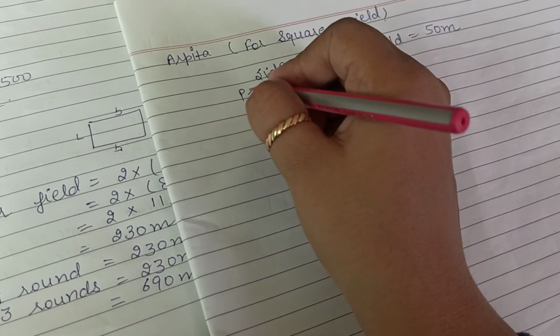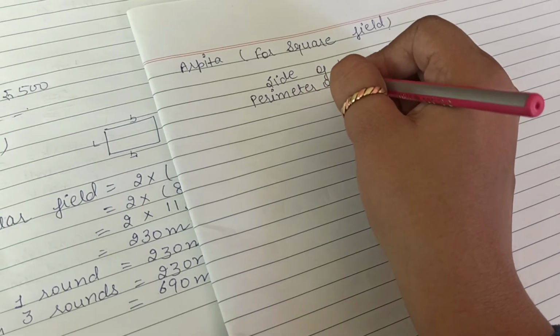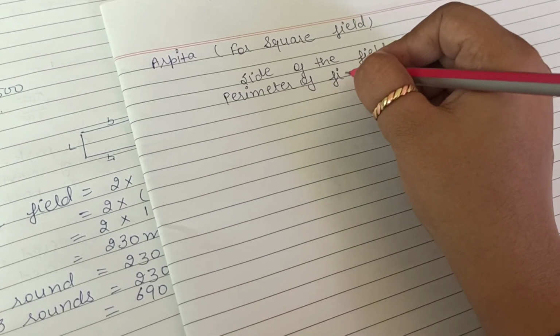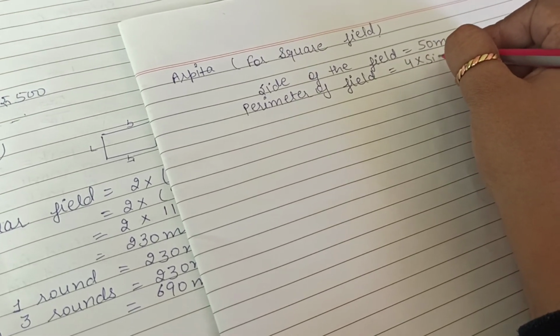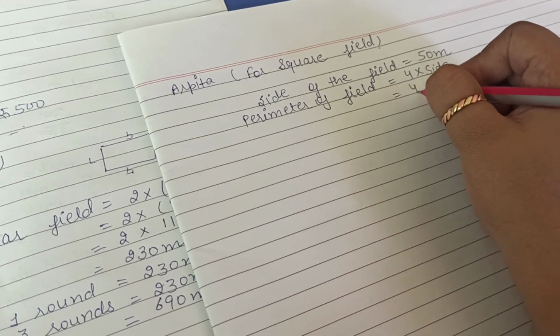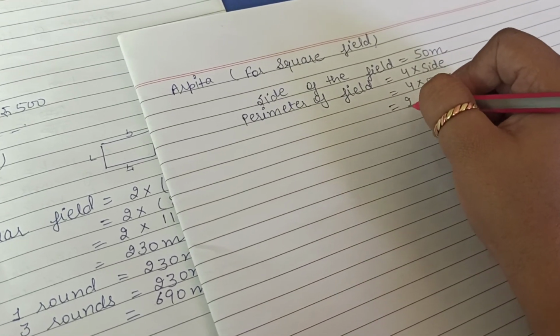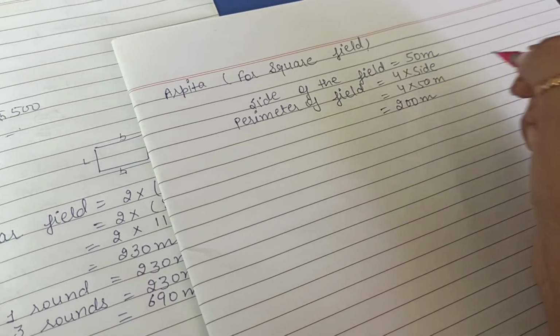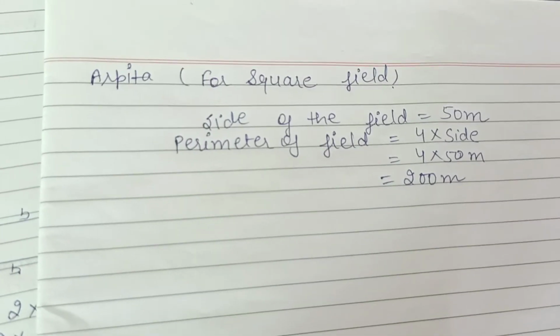Now the perimeter of the field. Again, what is the formula? 4 multiplied by side. So 4 multiplied by 50 meter equals 200 meter. So the perimeter of the field is 200 meter, right?